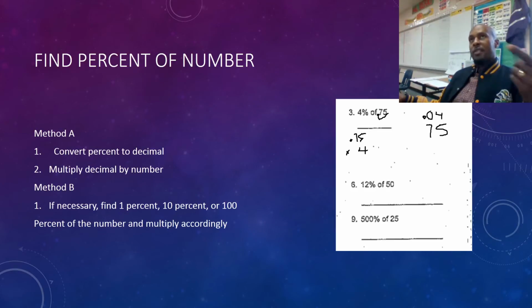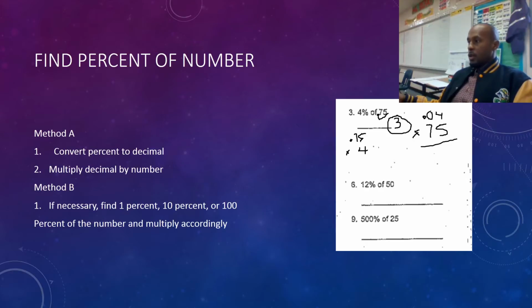So 0.75 times 2 is what? 1.50. And 1.50 times 2 is 3. That would be the same thing that you would get if you just multiplied these. Different ways to use it. I try to find the easiest way for me.